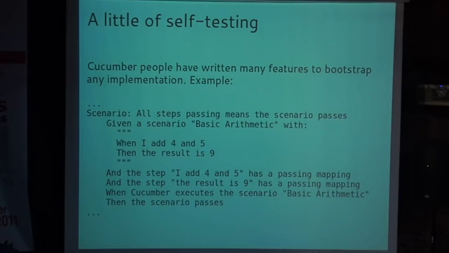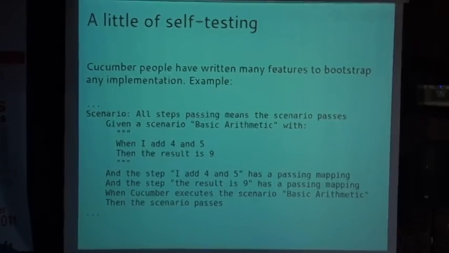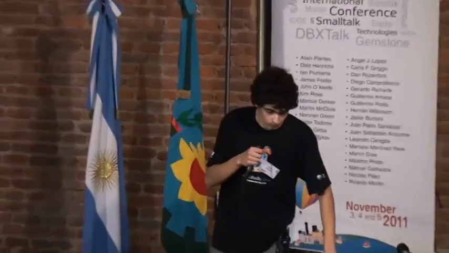Well, because this tool is a testing tool, it can be tested by itself. This is very nice, and the Cucumber people have written many features that allow us to test any implementation of a tool with Gherkin syntax. Here we have an example of a long feature with many scenarios describing the feature.